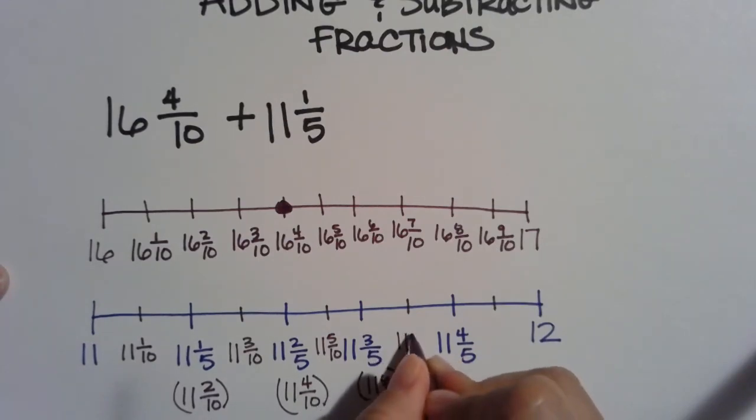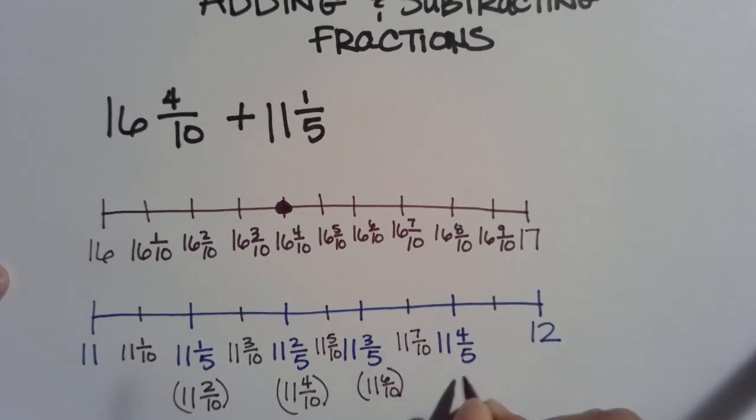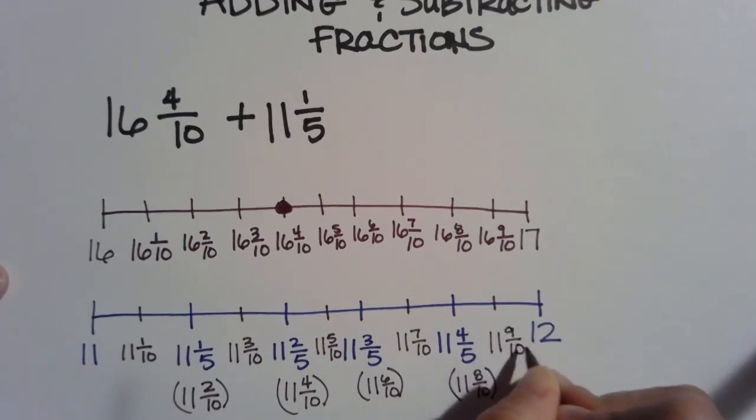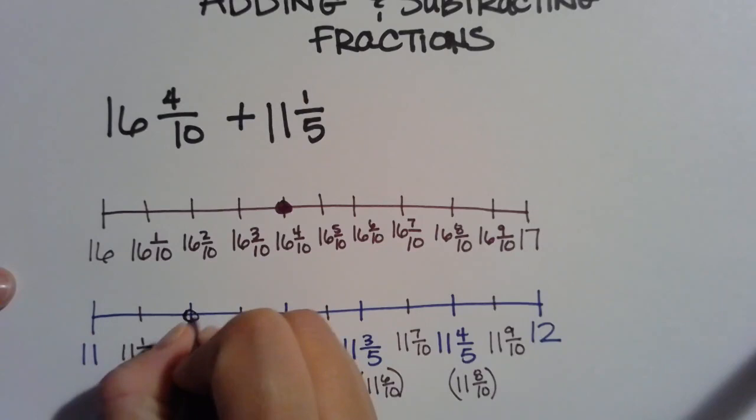This would be 11 and 7/10. 11 and 4/5 would be 11 and 8/10, and this would be 11 and 9/10, and then I have 12. Okay, so 11 and 1/5 is right here.